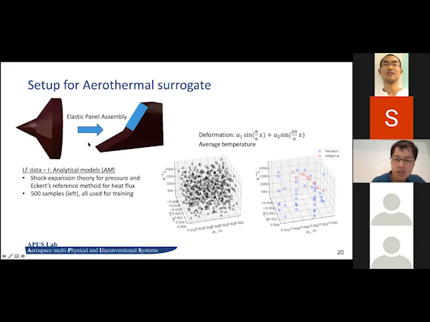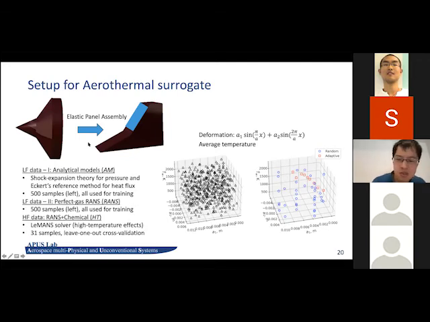Here we create a few data sets. We consider two sets of low fidelity data sets. One is very simple engineering models or analytical models, which we call AM. The other set is slightly higher fidelity, which is perfect gas runs.